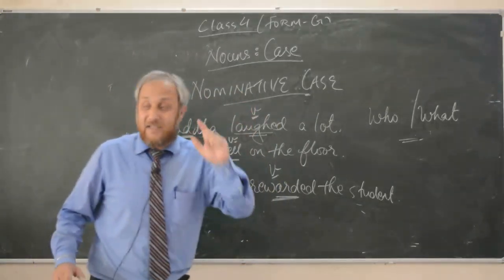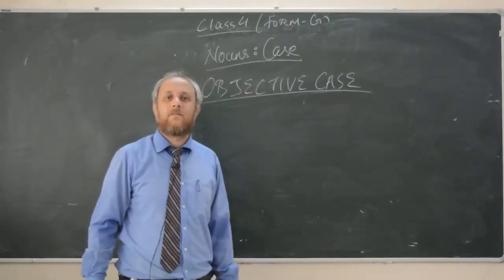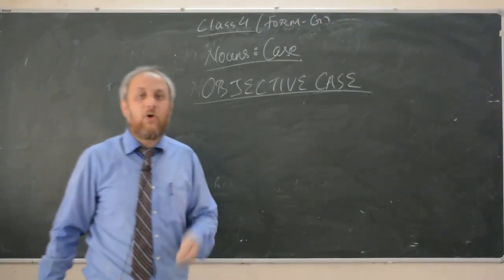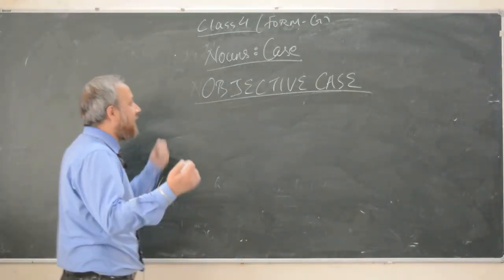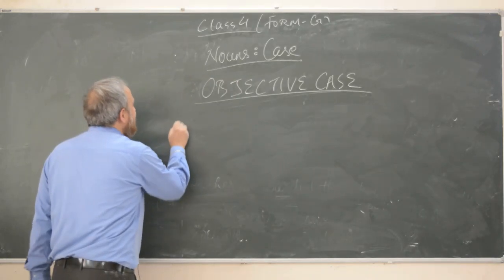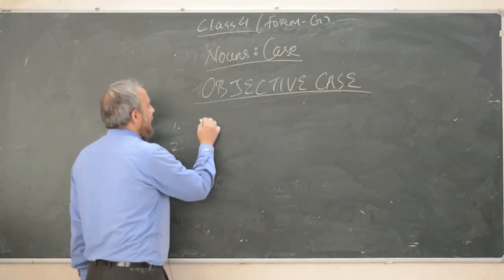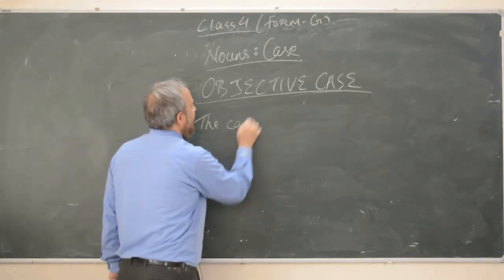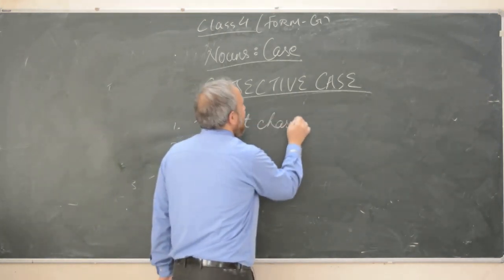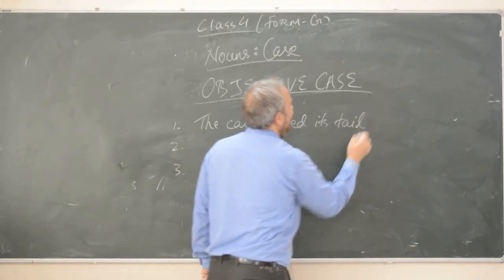Okay, so fine, let's move on to objective case now. By objective case, what is it that I mean? Well, I will write a few example sentences on the board. That will make it easier for you to understand. Let's say, the cat chased its tail.